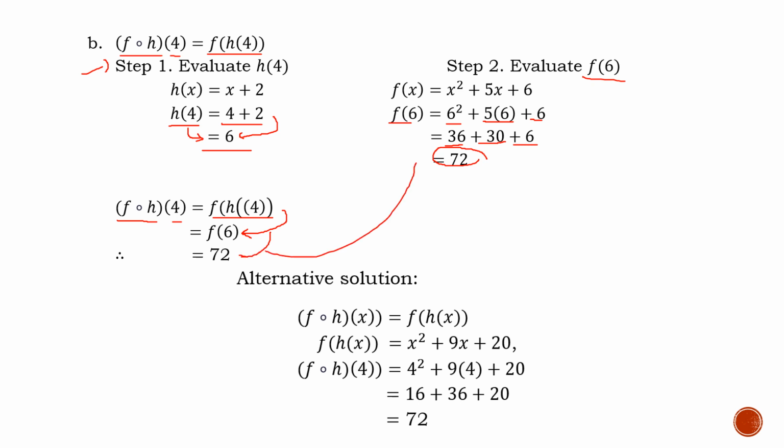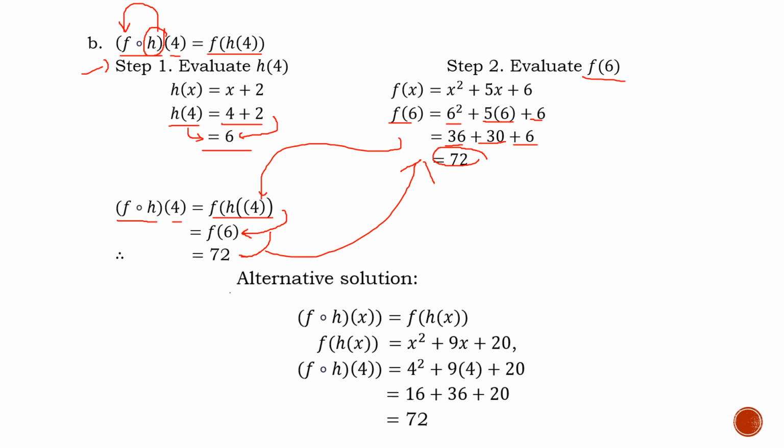It's the same process for your step number 2, and this will be your last step. To make it clear again, whatever your second function here, that will be the value of your variables in your first function. If h is the second function, that will be your x variable values for your f of x because f is your first function.